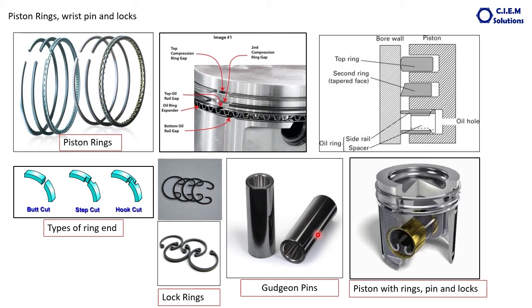What is meant by fully floating? Fully floating is a pin which moves freely both in the piston and in the connecting rod bush. If the piston boss is provided with bearings, that is meant for the fully floating pin. So the entire piston pin fully floats.